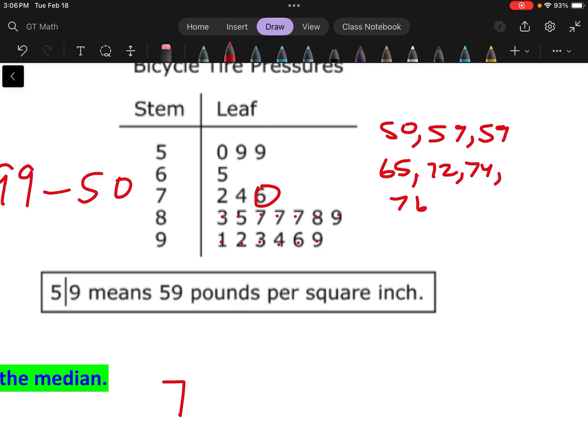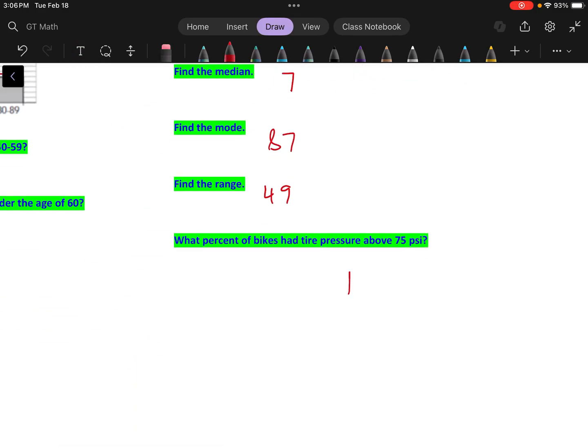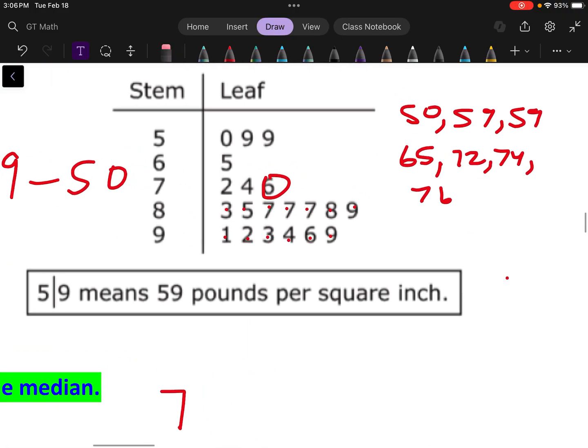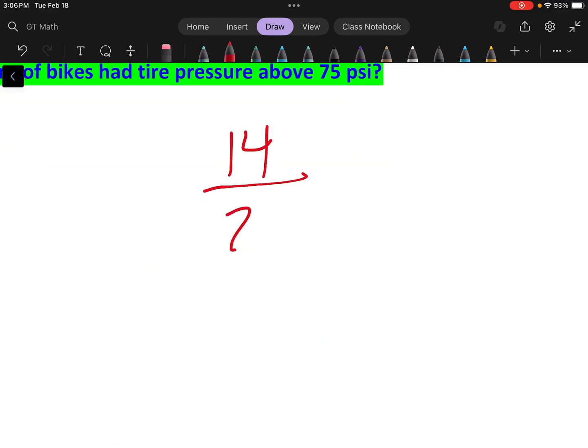So I have 14 above 75, but 14 out of how many? What were the total? Well, that was 14, 15, 16, 17, 18, 19, 20. So 14 out of 20. I'm just going to halve this to get 7 and 10, and I know 7 out of 10 is 70%.